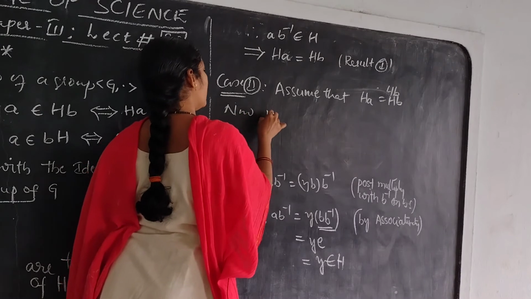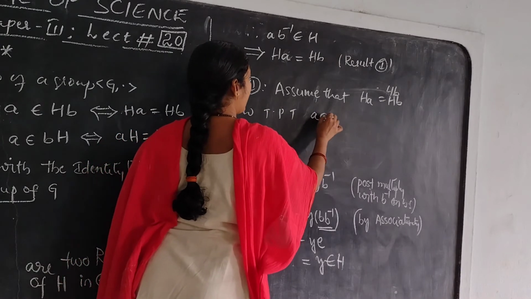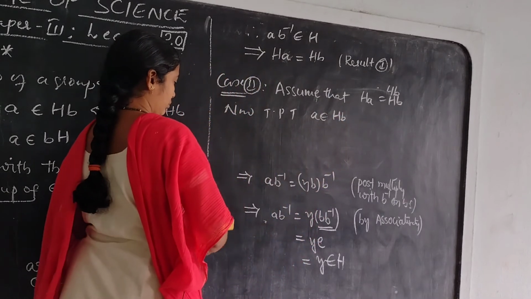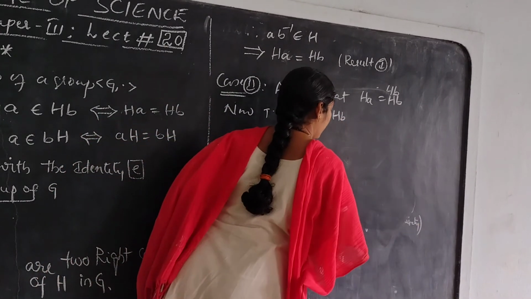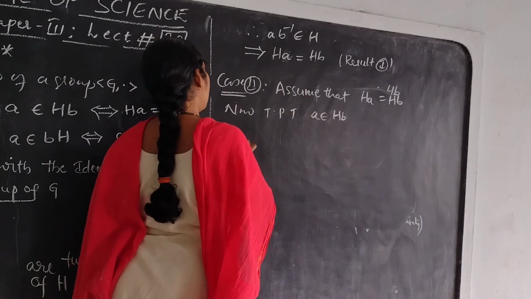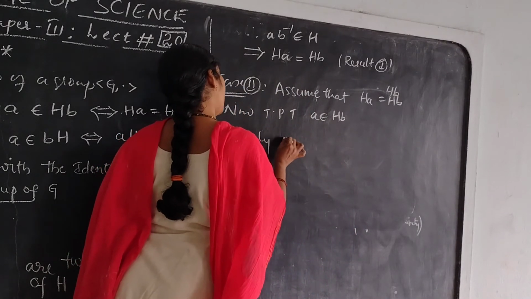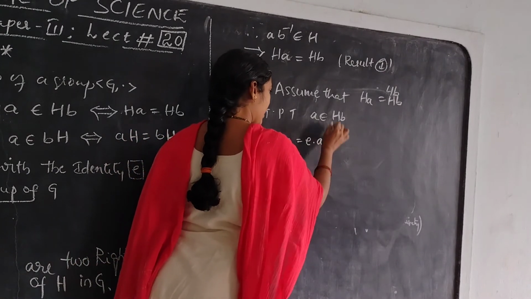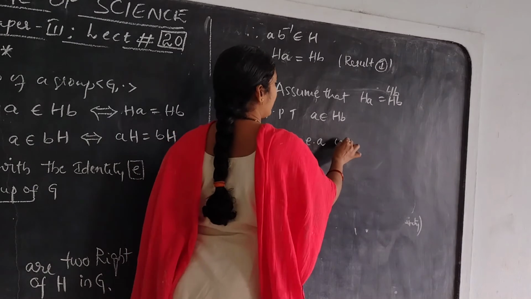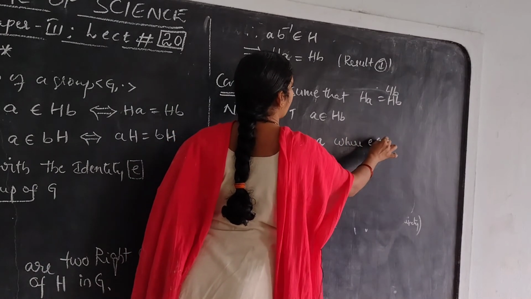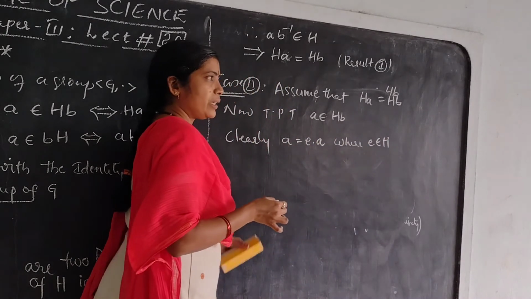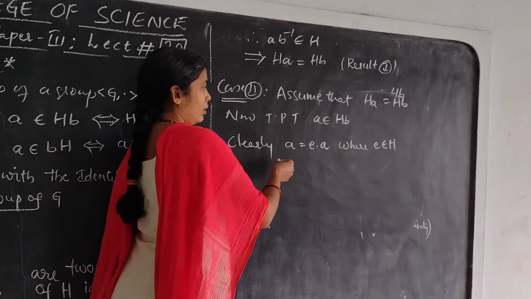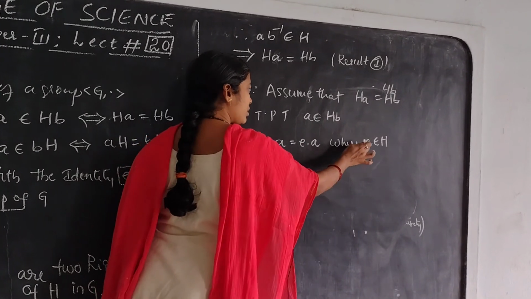Now, we have to prove that A is an element of the coset generated by B. Clearly, we can write A is E dot A, where E is the element of the subgroup. You know that the identity element in the group and subgroup are the same. This E is a subgroup element.